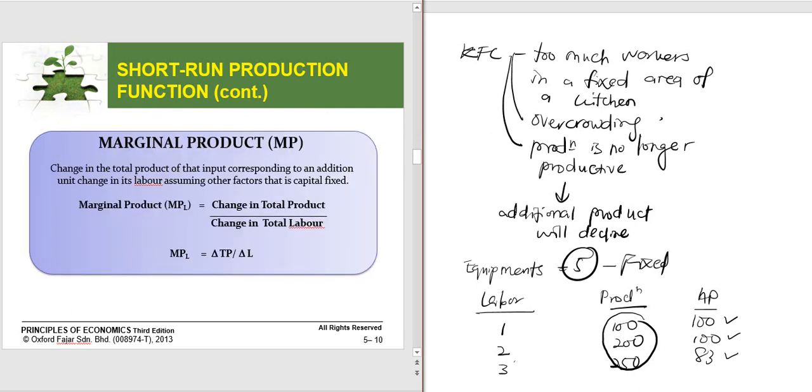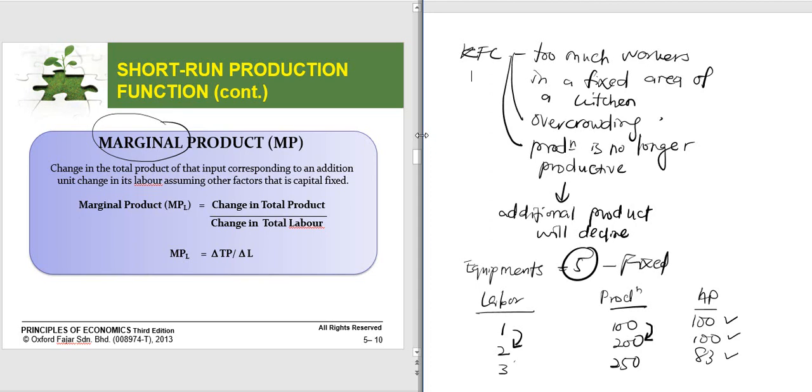And then we have marginal product. You find the word marginal again here. We are going to look at how much additional production can be produced when you add another unit of variable input, for example labor. Let's say in this case you add one more labor. What is the additional number of pieces of chicken that you can produce here?